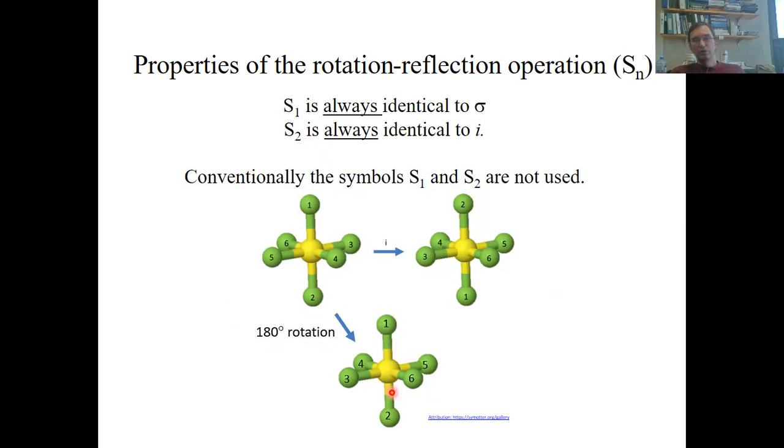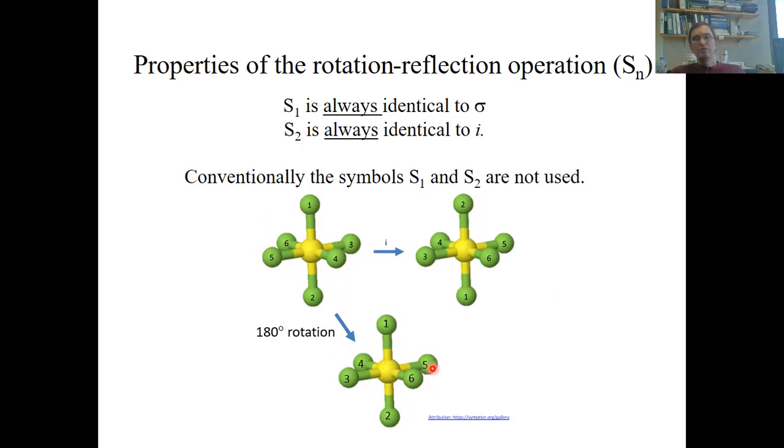Then atoms 1 and 2 do not change their position, but all the other 4 atoms rotate by 180 degrees counterclockwise. So that means that atoms 6 and 4 swap the position. 6 rotates here, and 4 rotates over there. And atoms 3 and 5 swap their position. So 3 is rotated over here, and 5 is rotated over there.